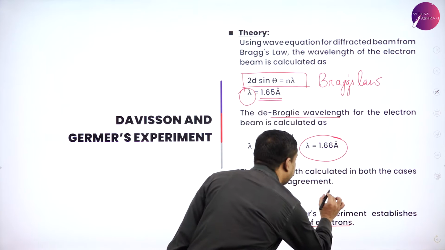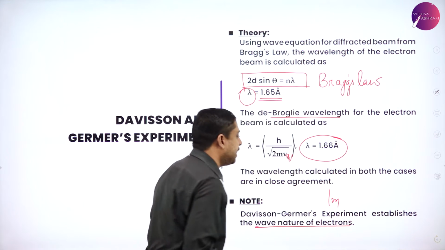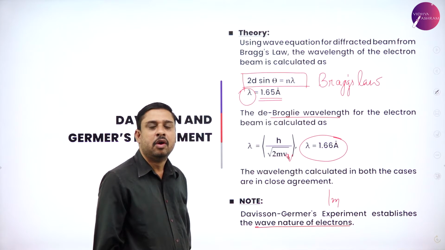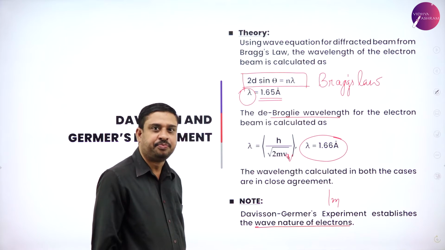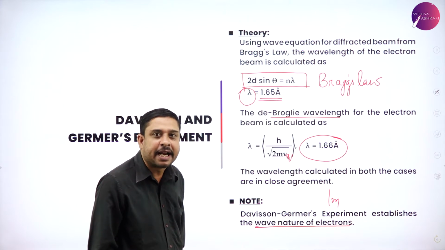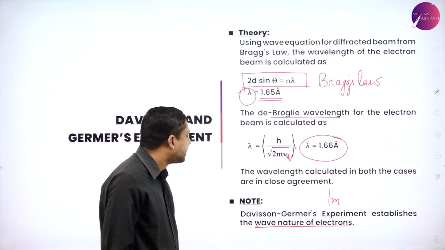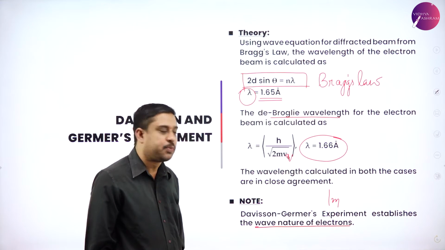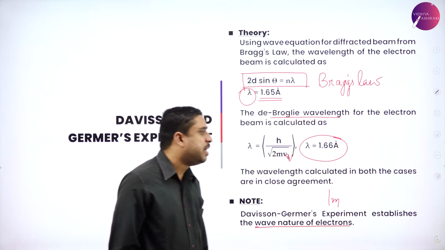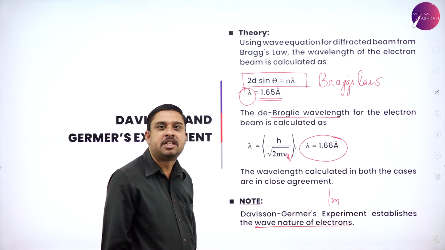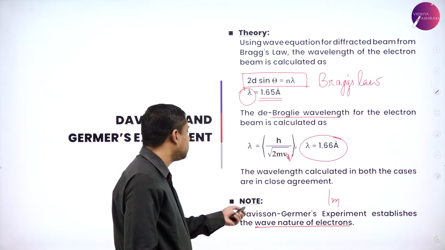For a 1 mark question, usually they ask: what is the outcome, inference or result of Davisson-Germer's experiment? It establishes the wave nature of electrons.